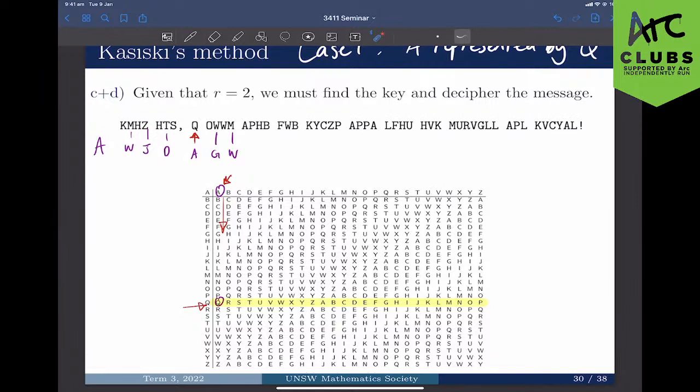Oh no, whoops. Yeah, so we start with M. So we look at M here and we go up to see what it's representing. And it says W. And we do the same for Z. It's represented by J. And for T, it's represented by D. And then I've just done this for a few more letters.